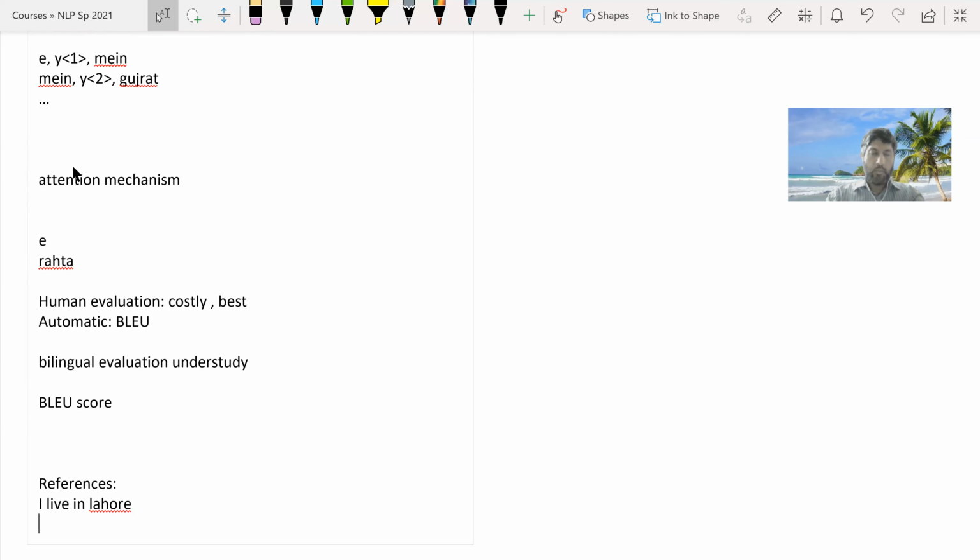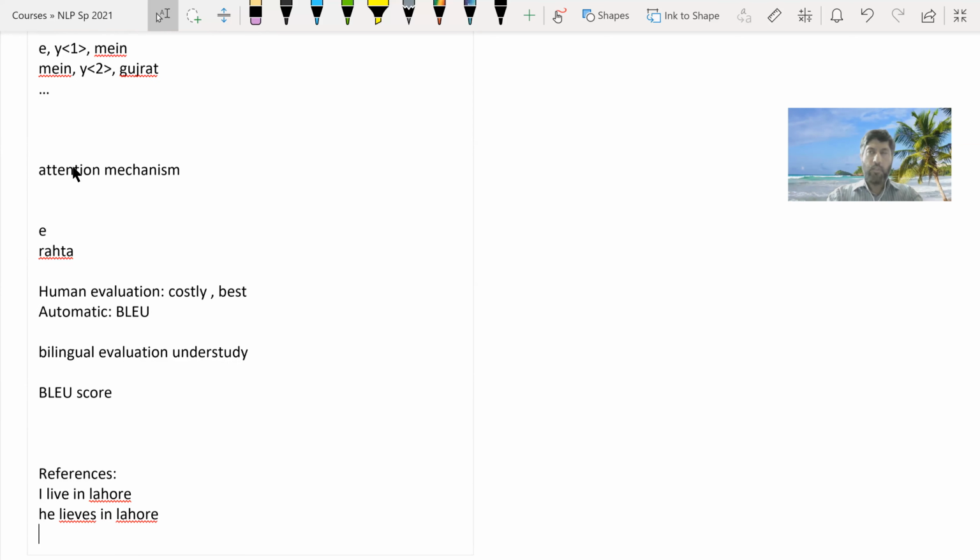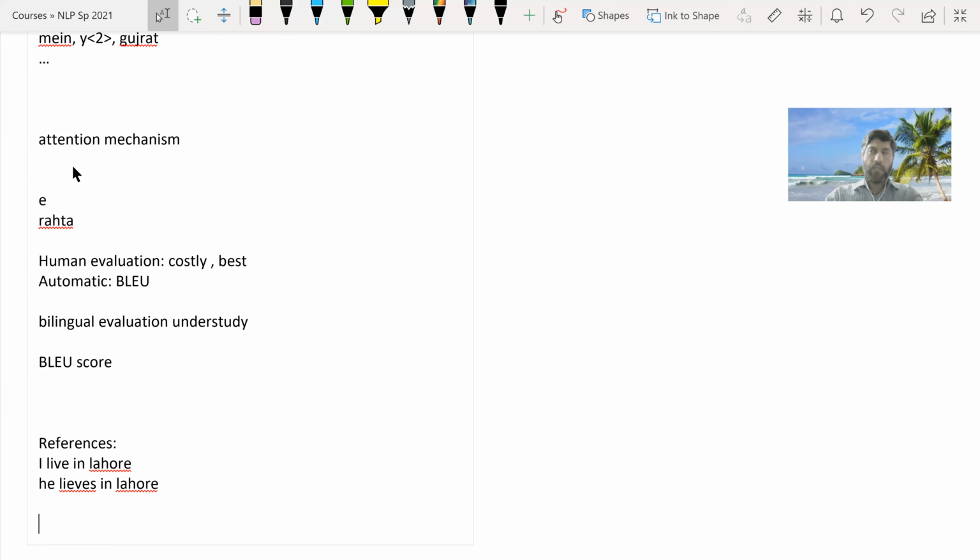Another output, I don't know, what would be a variation of this? For example, "he lives in Lahore", although this is not entirely correct, but maybe this is also a correct reference translation. And there might be others as well.